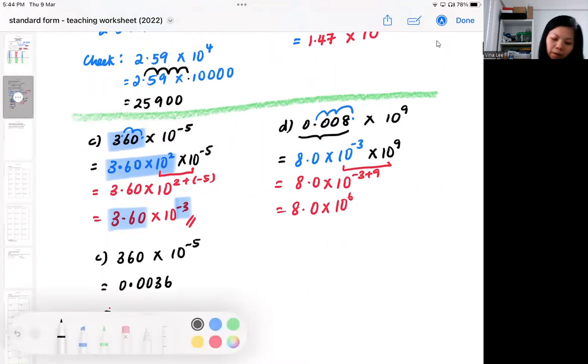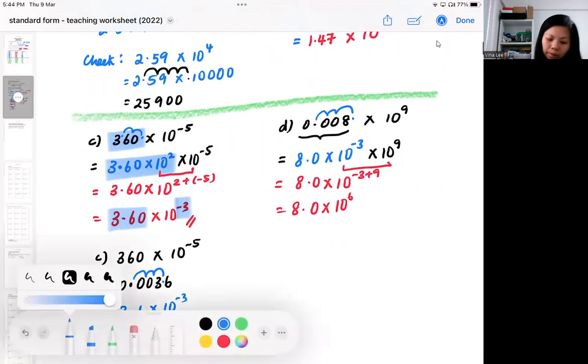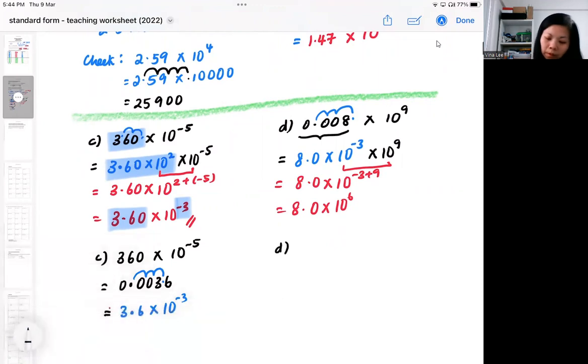Then from there, they change it to standard form. So they will get 3.6 times 10 to the power -3. Some people feel that it's easier. Yeah, you can do it this way as well. So if I do it for part D, I can also punch the calculator first.